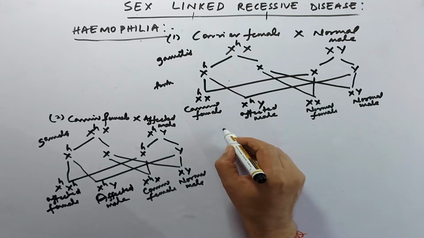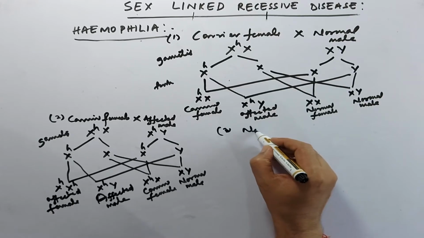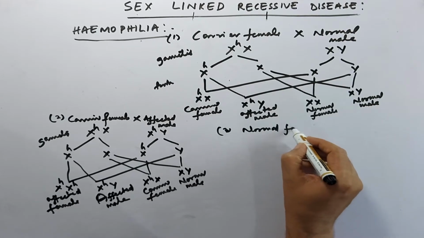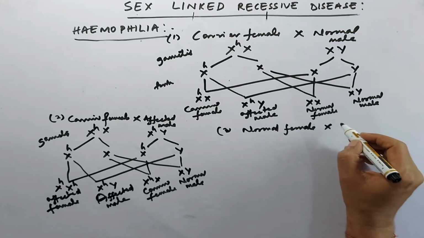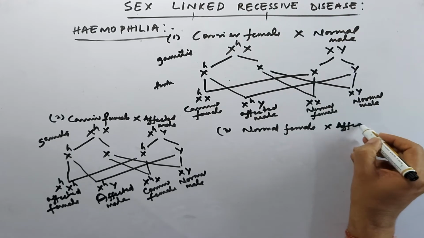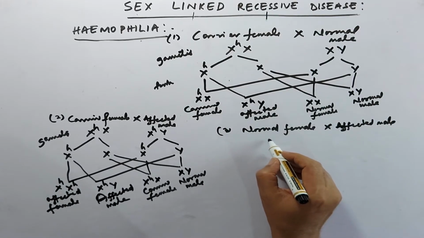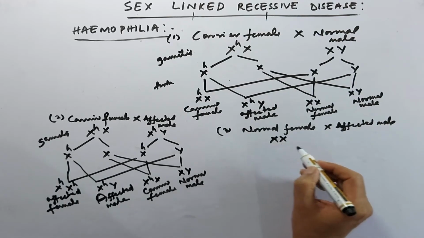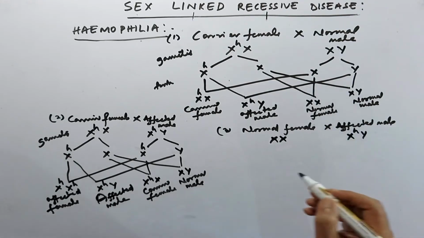And the third situation we can discuss is a normal female and an affected male. Normal female means XX and affected male means XHY.